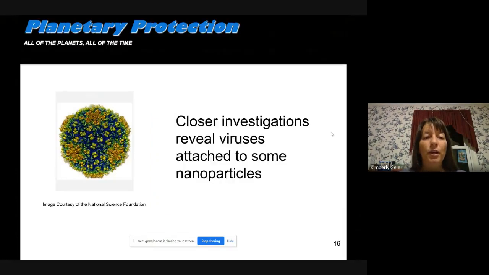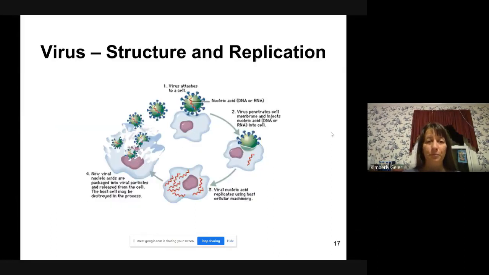All right, so we're going to look further and we see that there are little virus-like particles attached to some of these nanoparticles. Now, I know we definitely haven't talked about viruses, although we're going to. And maybe you've heard quite a bit about viruses with the coronavirus around. But the basic idea of what a virus does: a virus attaches to a cell and somehow works its way in.